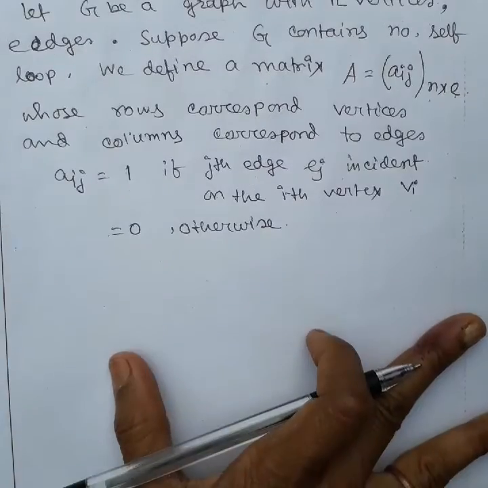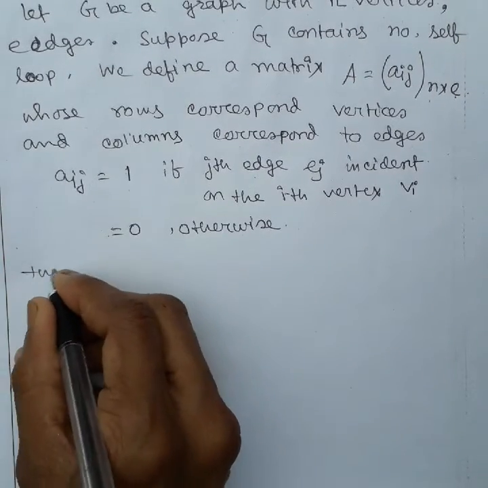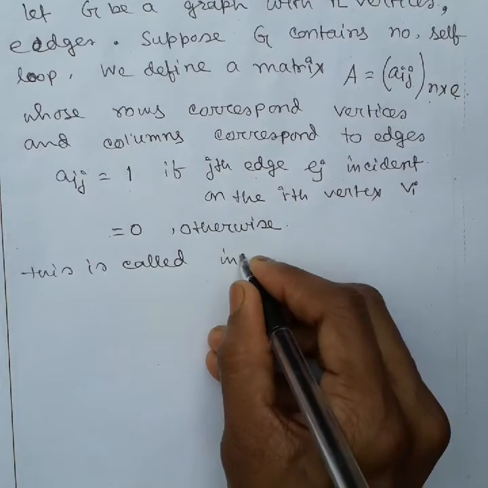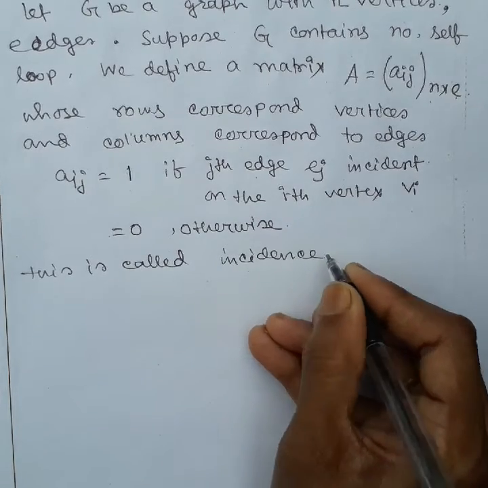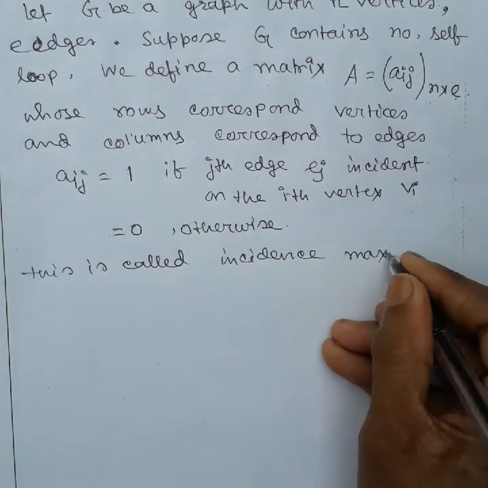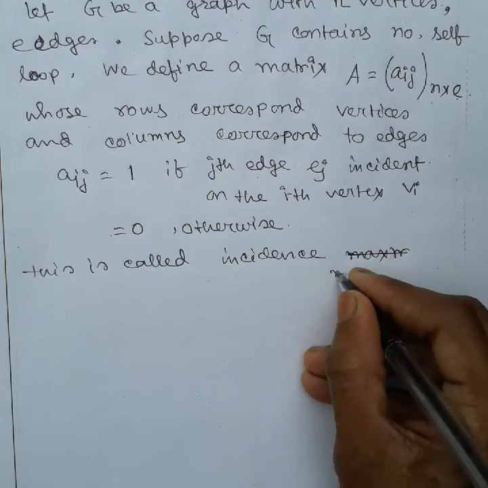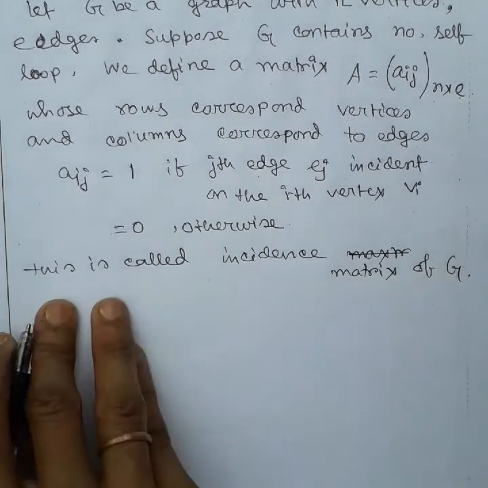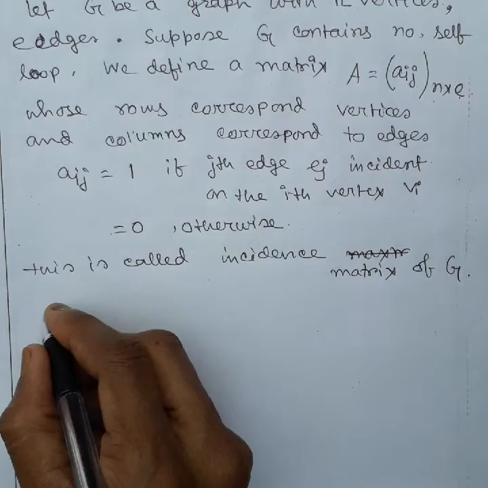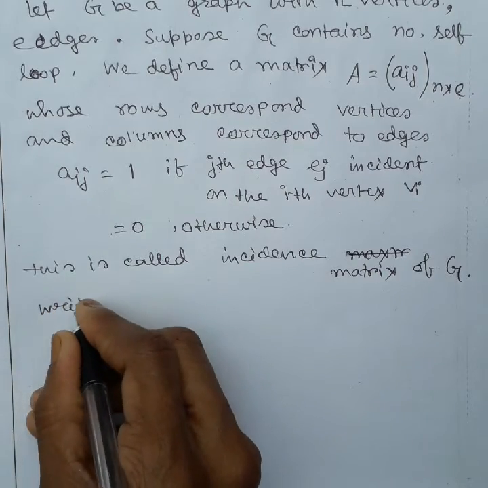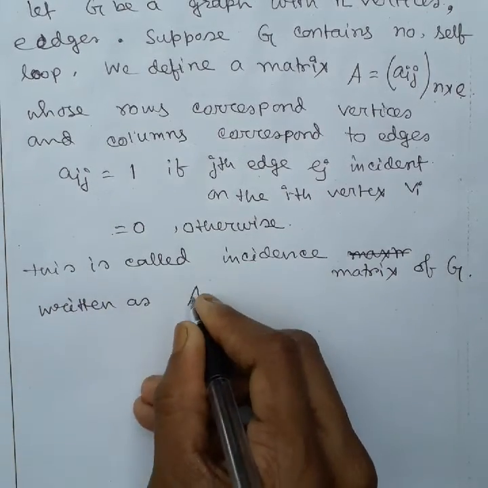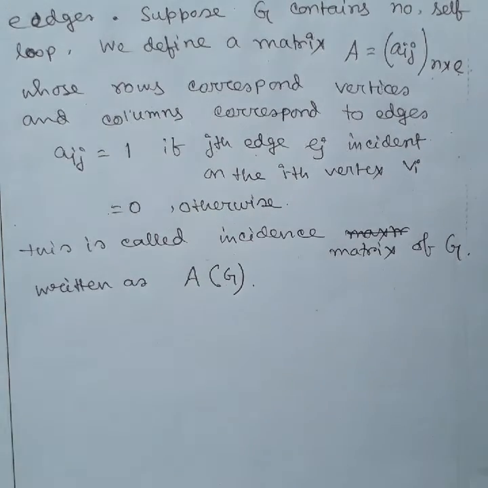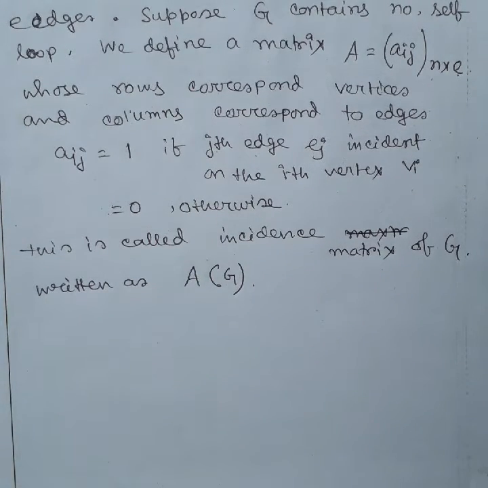This matrix is called the incidence matrix of G, and is written as A of G. So we find the incidence matrix.